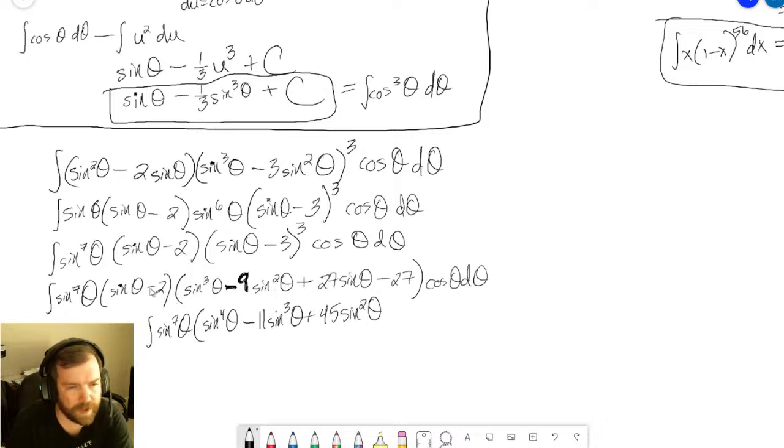And then we're going to multiply through again to get singles. So here, negative 2 times positive 27 sine, it's going to be a negative 54 sine of theta. And that's going to be a negative 27 on top of that. So that's going to be negative 3 27s, so 81.